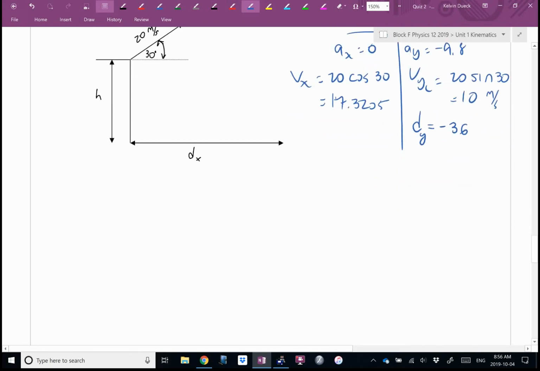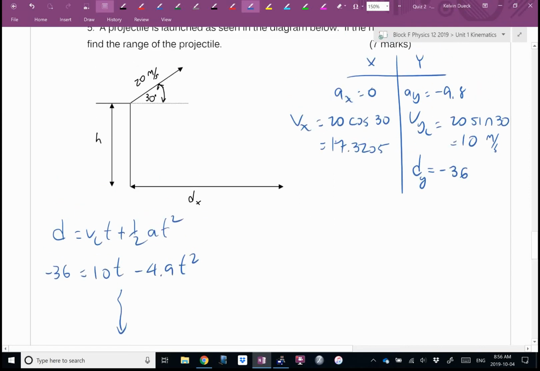So one option would be to go d equals ViT plus a half AT squared. Negative 36 equals 10t minus 4.9t squared, and so on. Or, how many things do I know in the vertical column? I can also find Vy final.